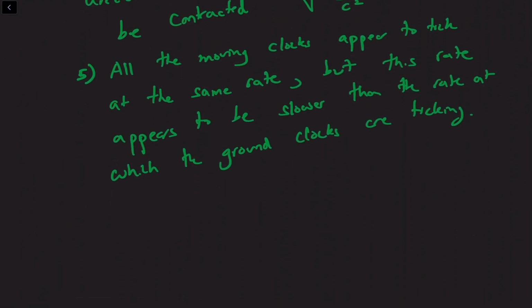So all the moving clocks appear to tick at the same rate, but this rate appears to be slower than the rate at which the clocks on the ground are ticking, by a factor of again 1 over the square root of 1 minus v square by c square.